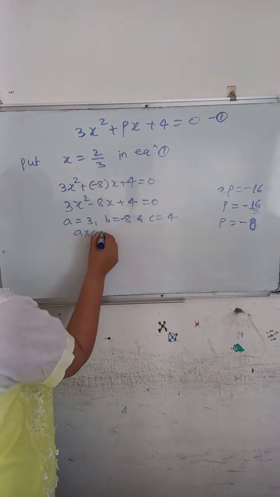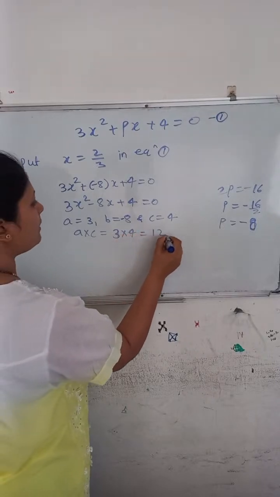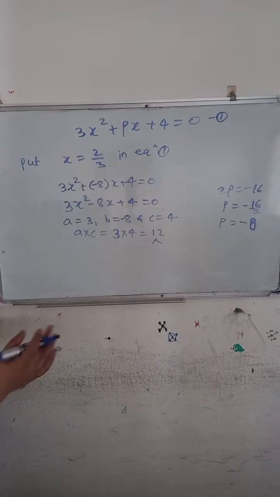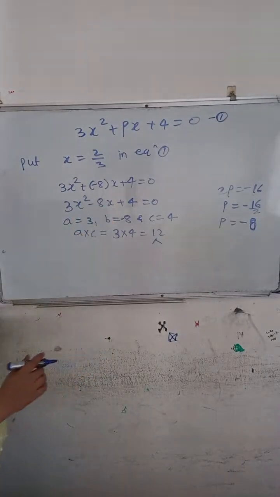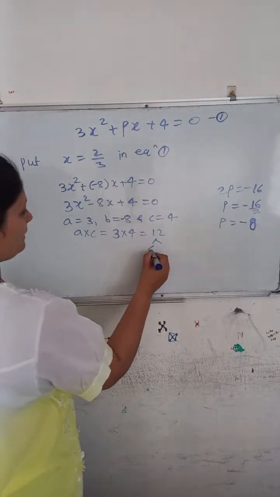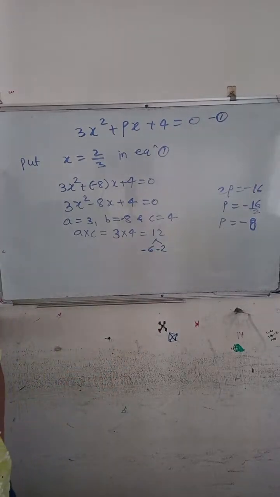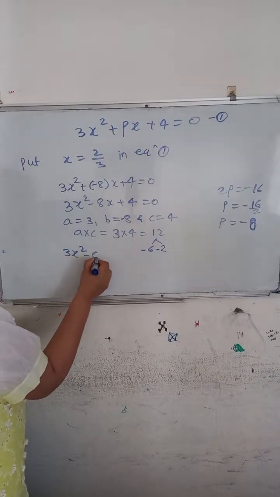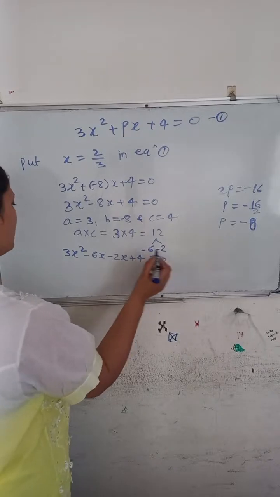So A into C is 3 into 4, that is 12. Find the factors of 12 such that the sum is minus 8. So minus 6 and minus 2, because minus 6 minus 2 is minus 8. So we can write 3x square minus 6x minus 2x plus 4 is equal to 0.